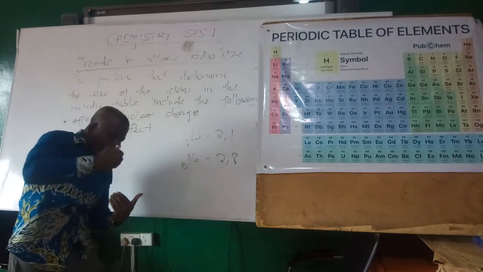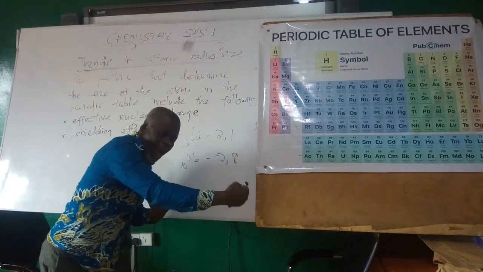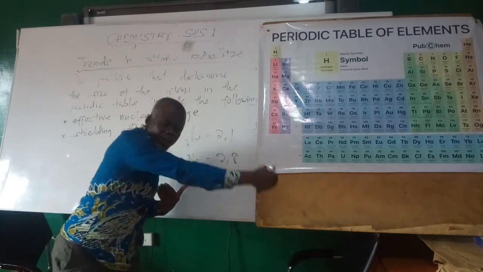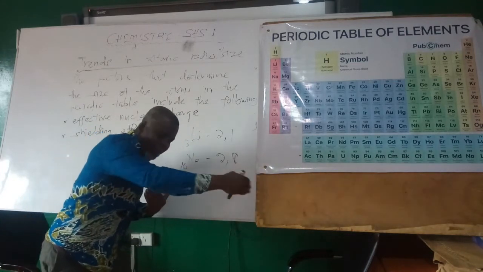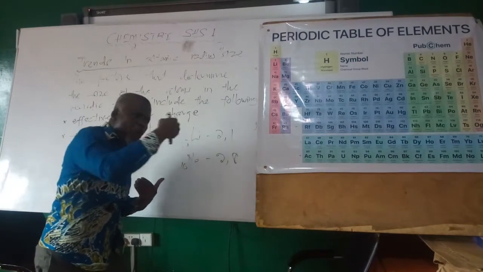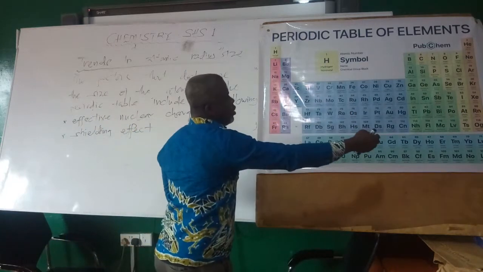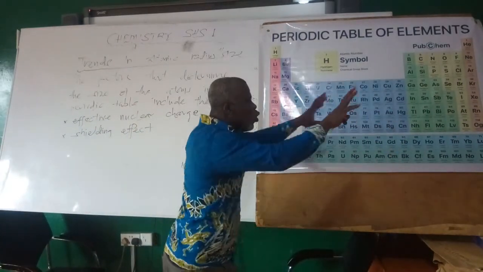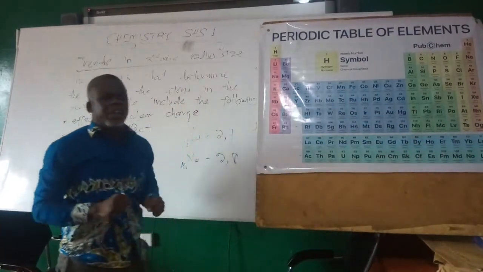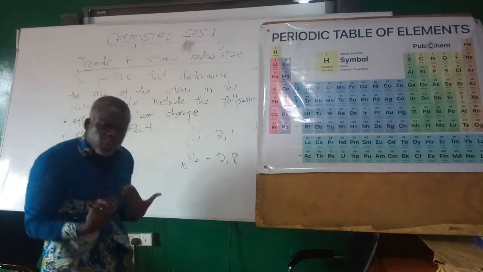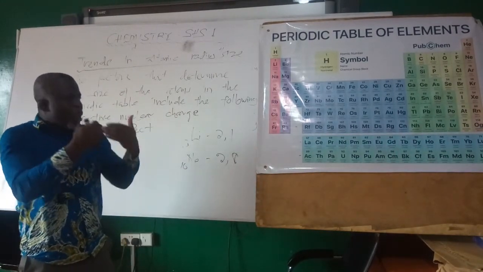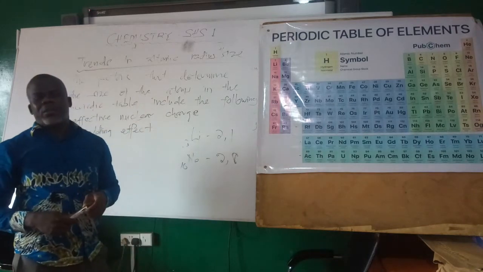Yes, the effective nuclear charge is increasing. Why? Shielding has remained constant, and the nuclear charge is increasing, and the effective nuclear charge is directly proportional to the nuclear charge. So electrons will be pulled stronger, or nearer to the nucleus, thereby decreasing size.